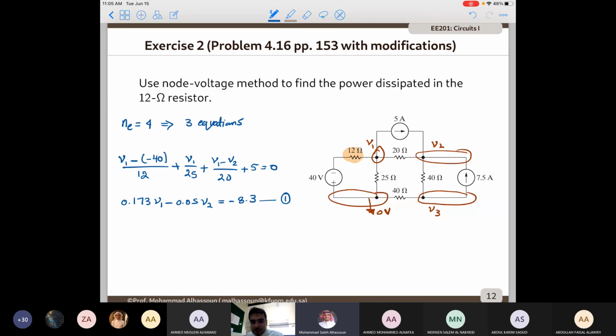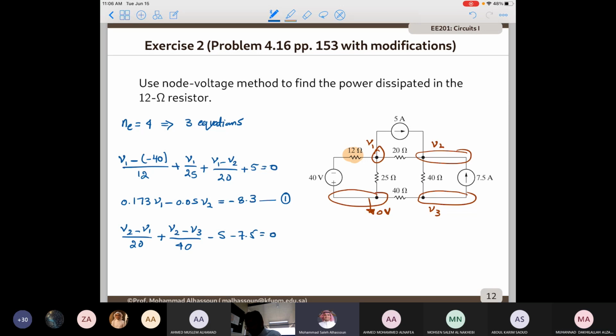So the second equation, Muhammad. At V2, you can say V2 minus V1 divided by 20, and V2 minus V3 divided by 40, minus 5 minus 7.5, equals 0.